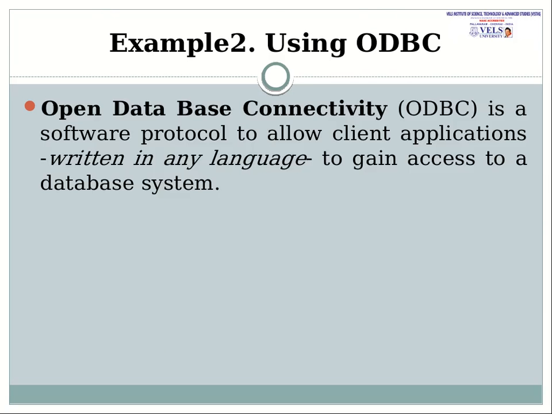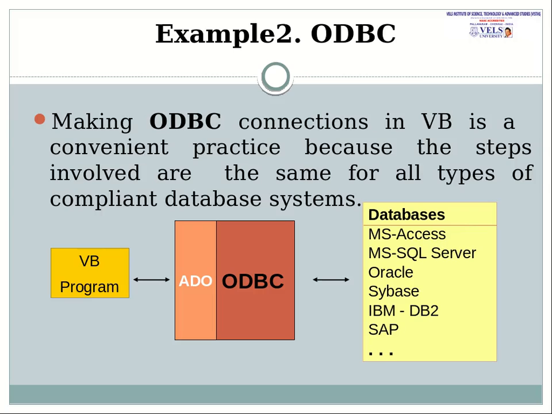The second example is using the ADO control with an ODBC connection. Open Database Connectivity is a software protocol used to allow client applications to connect. Making an ODBC application in VB is a convenient practice because the steps are the same for all types of compliant database systems. With a VB program and ADO along with the ODBC connection, you can connect with different types of databases: MS Access, SQL Server, Oracle, Sybase and IBM DB2.